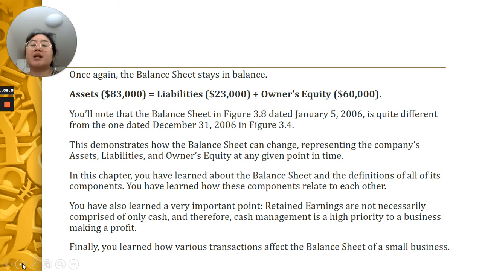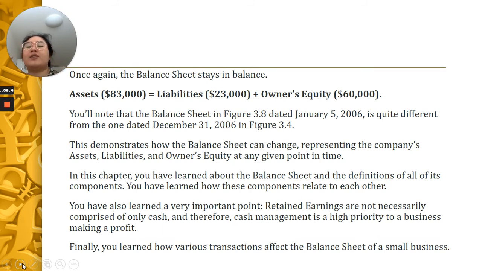In this chapter, you have learned about the balance sheet and the definitions of all its items, how these components relate to each other, and a very important point: retained earnings are not necessarily comprised of only cash. Therefore, cash management is a high priority for the business in making a profit.